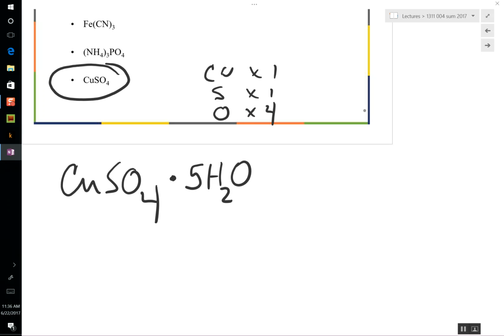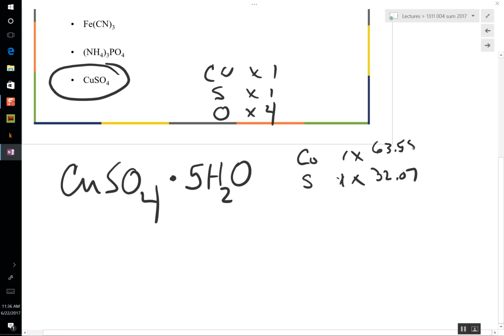So what is the molar mass of copper sulfate pentahydrate? It's going to have 1 copper, 1 sulfur, 4 oxygens, and now 5 waters.